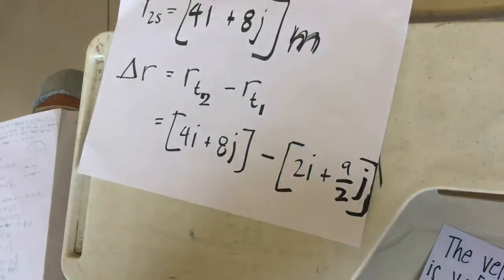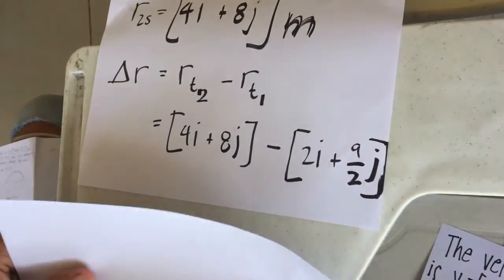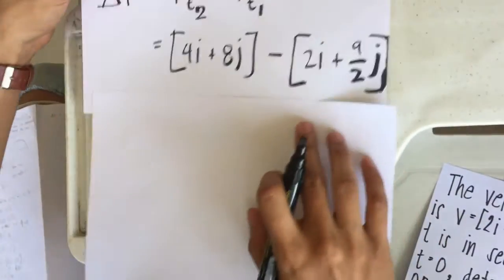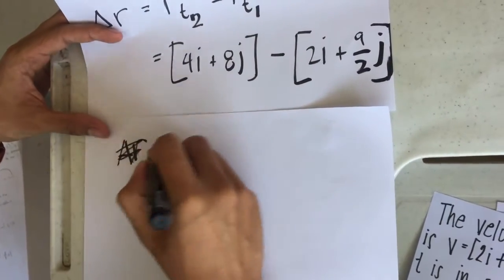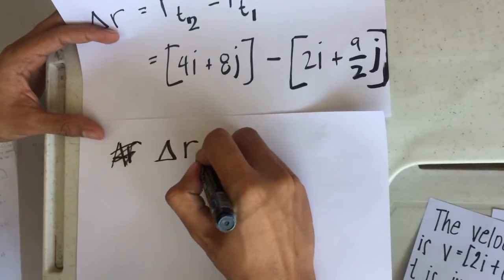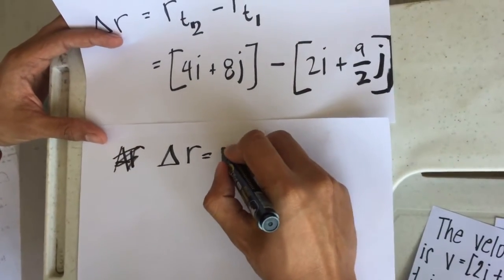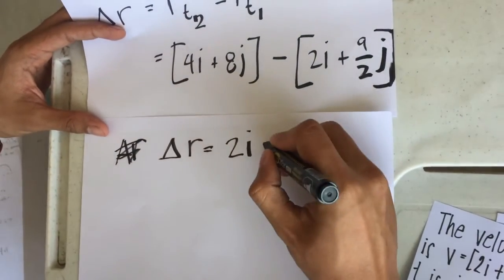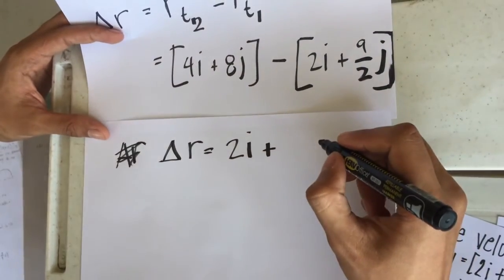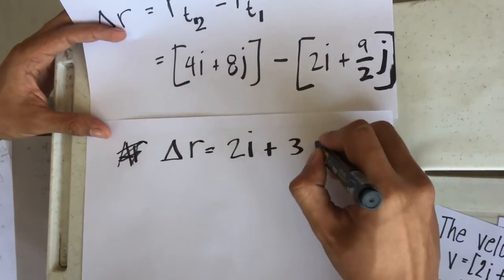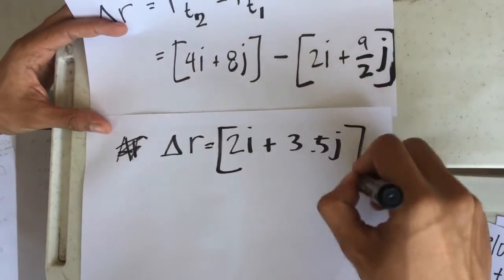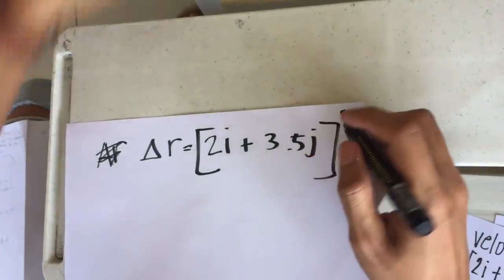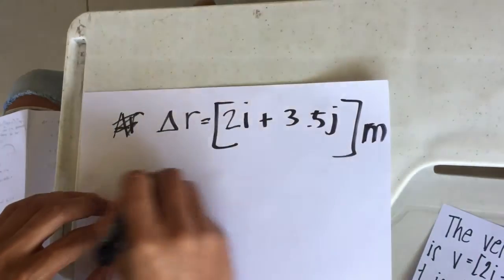Then we subtract the i and j components. Delta r is equal to 2i plus 3.5j in terms of meters. So we have the final answer.